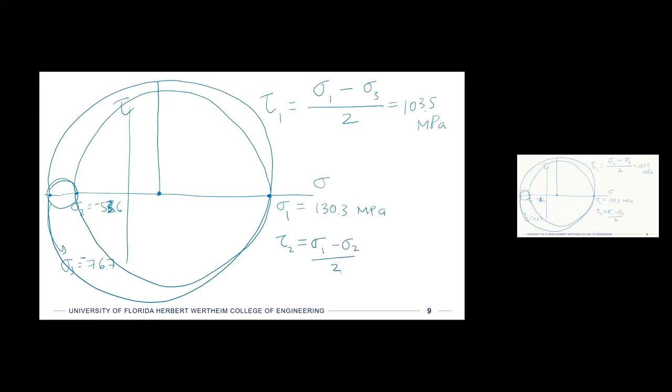And then correspondingly tau 3, which is sigma 2 minus sigma 3 divided by 2. If we have our conventions and they're all holding, then we can calculate the values here, and they will be lower, right? We usually just throw these values out because when we do our failure criteria, we really only care about the maximum shear stress.